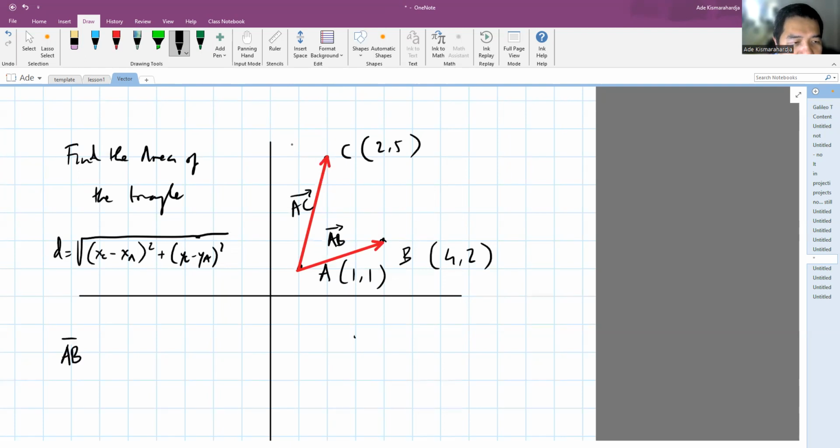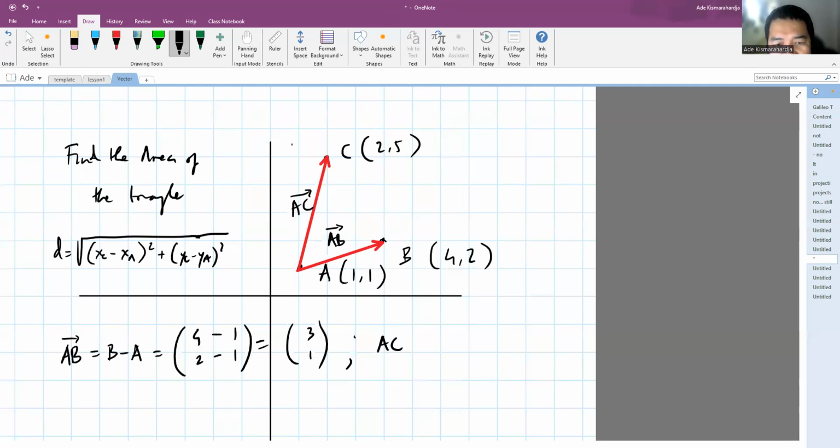For example, AB is the location of B minus A. So in this case, 4, 2 minus 1, 1, so we get 3, 1. And the vector from A to C is simply C minus A. So that's 2, 5 minus 1, 1, so that's 1, 4.